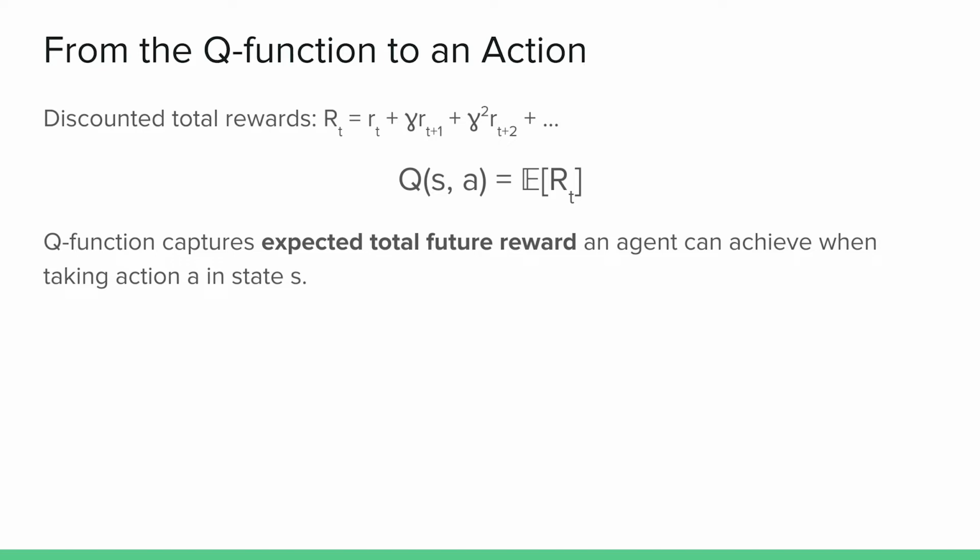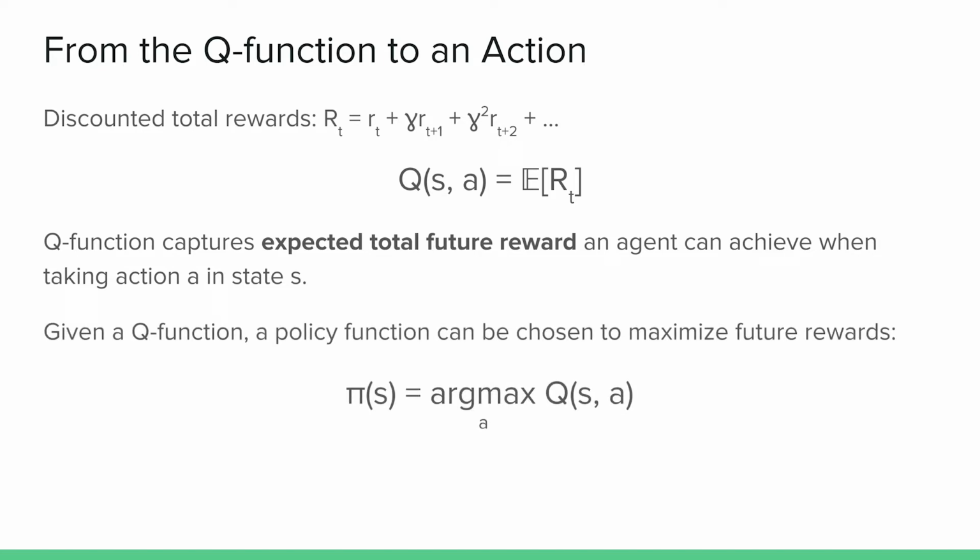And when we have such a function Q, a policy function to say which action I should actually take is basically just taking whatever action gives us the highest reward.